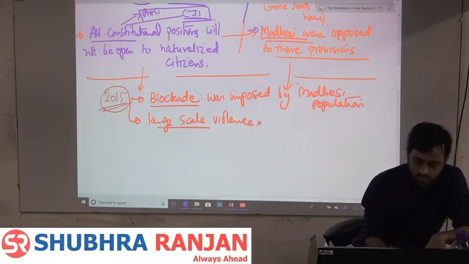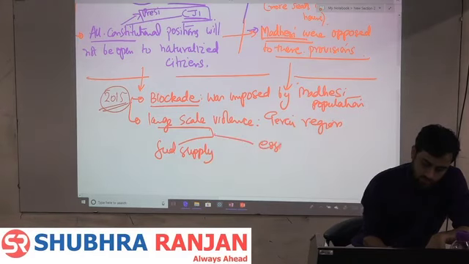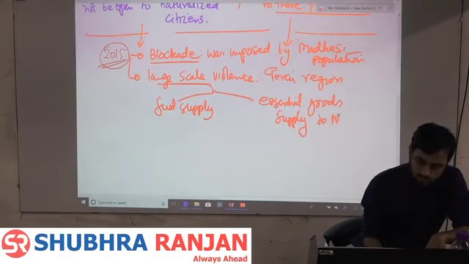The Terai region is the plain region, and fuel supply and essential goods supply to Nepal from India stopped.